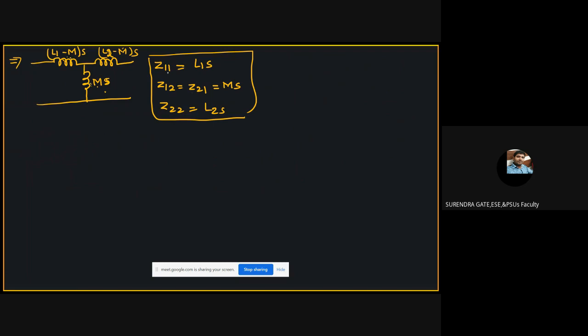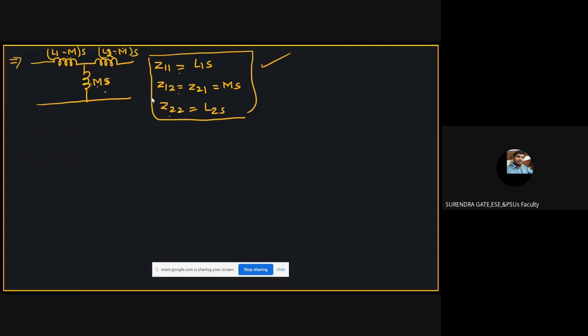Add these two, we can get Z11. Add these two, we can get Z22. This directly indicates Z12 and Z21, that equal to MS. M is the mutual inductance, where MS means it is a Laplace transform. L1 into S is the Laplace transform of inductance. Clear, friends? That also you concentrate.